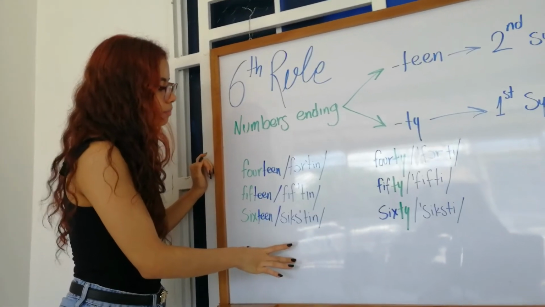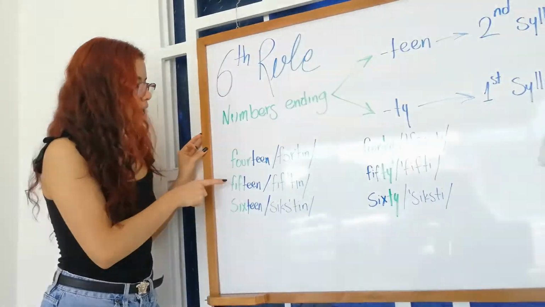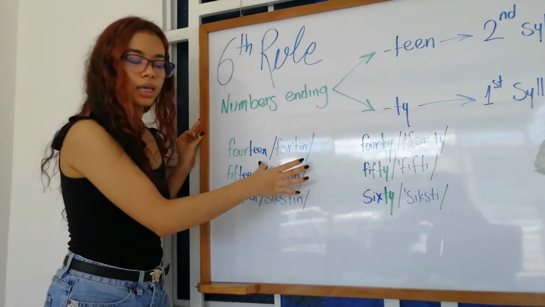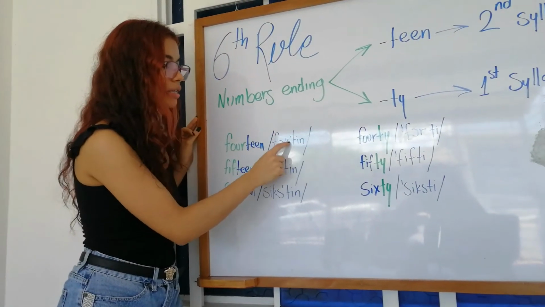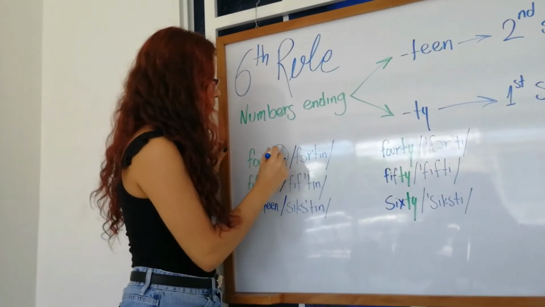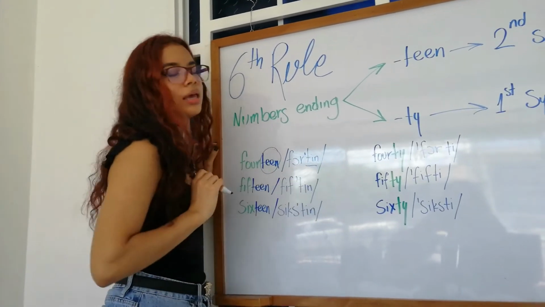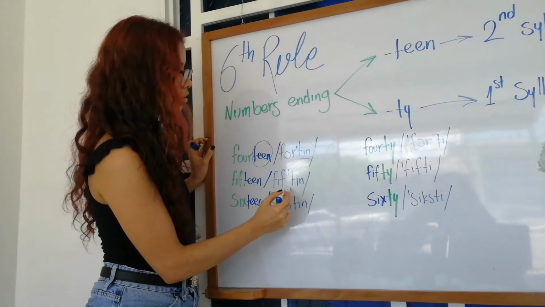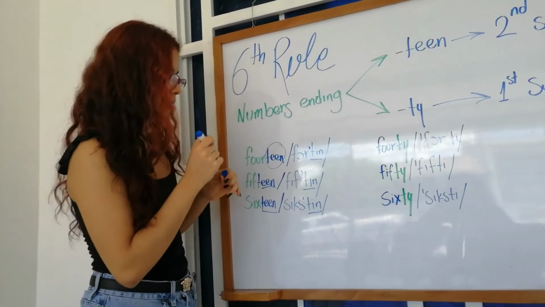With the numbers ending in teen, we got 14, 15, and 16. You can see here that the apostrophe is right here in the second syllable. This one is the second syllable. This one is the second syllable. And the stress is right here. So the stress or the emphasis is going to be here, in 15 and 16, right here with this color.